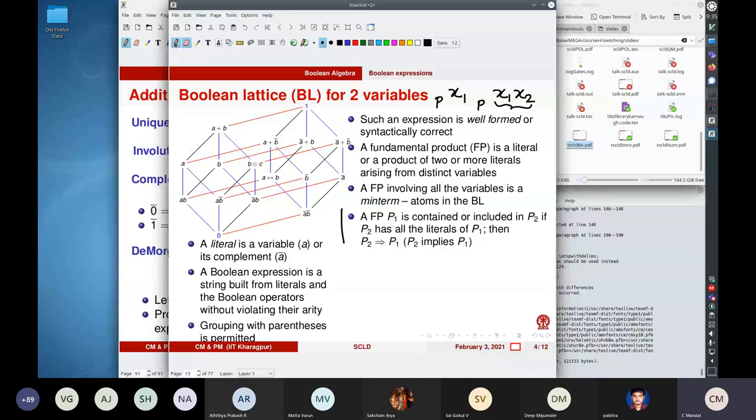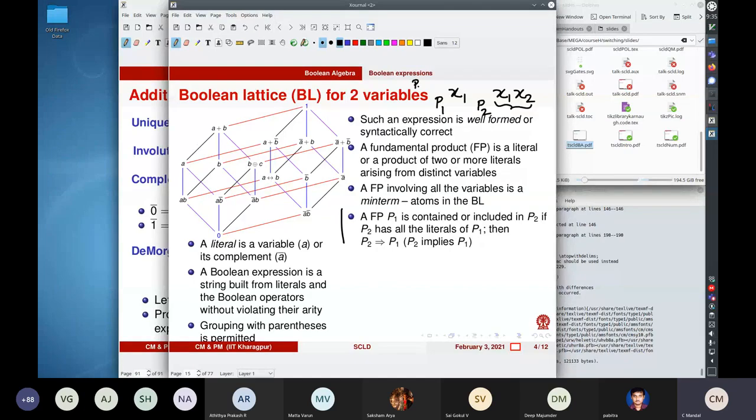If I write this as P1 and this is P2, in this case P2 implies P1.